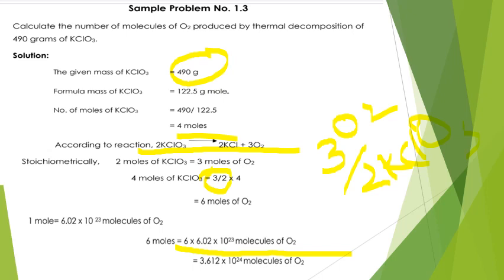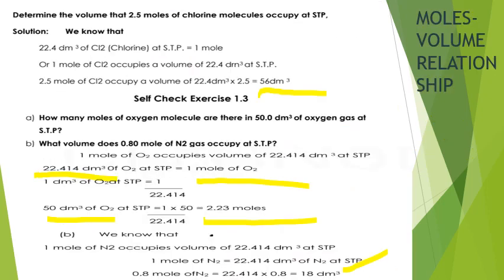This is your answer. Now students, this slide gives you the mole-volume relationship which is given in your book. Determine the volume that 2.5 moles of chlorine molecules occupy at STP. If you remember, as I told you earlier, 1 mole of any gas at STP has a volume of how much? 22.414 dm³.